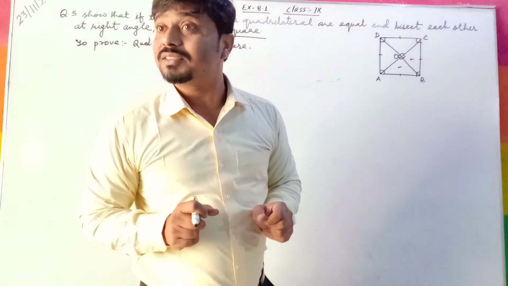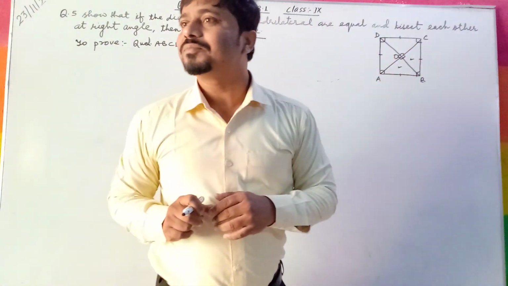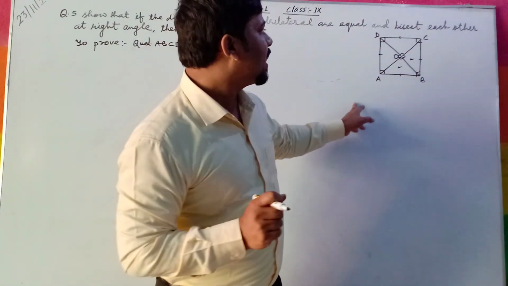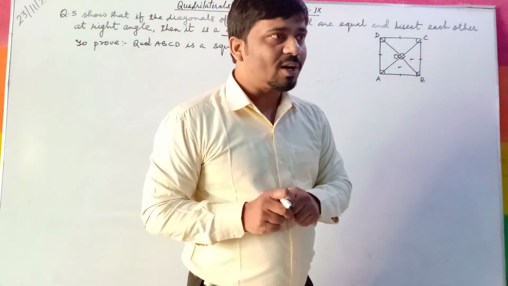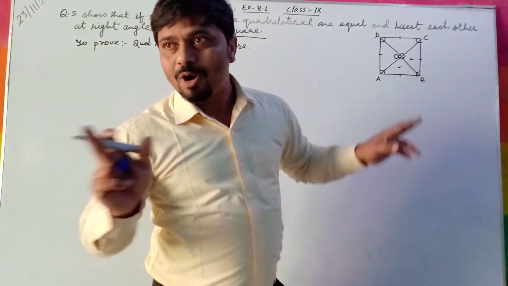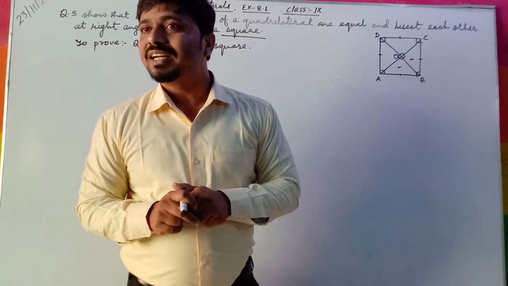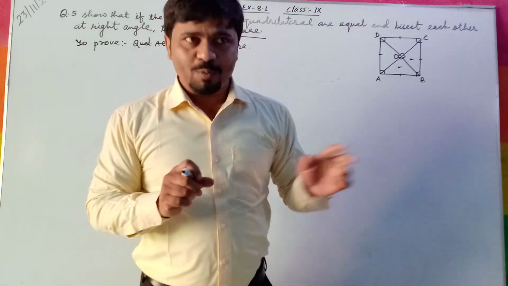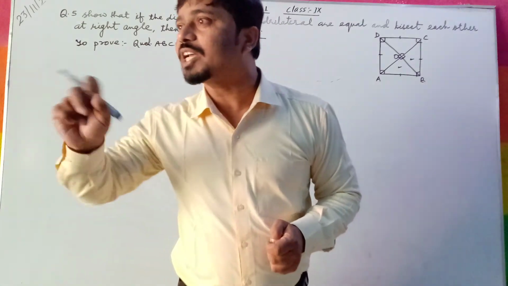The diagonals are equal. This is given. So by SSS both triangles are congruent. Then angle A will be equal to angle B. Because we have already proved ABCD is a rhombus. You proved all sides equal, so you can say this is a rhombus.